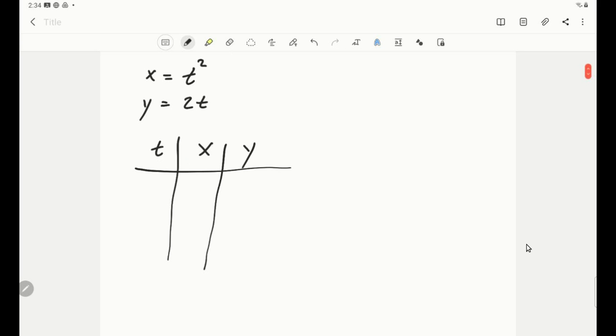Now again, you can use T's from anywhere, but you want to put them in order. And so we'll go 0, 1, 2, 3, 4, like that. And so now this makes a 0 and a 0, and then 1 squared is 1.